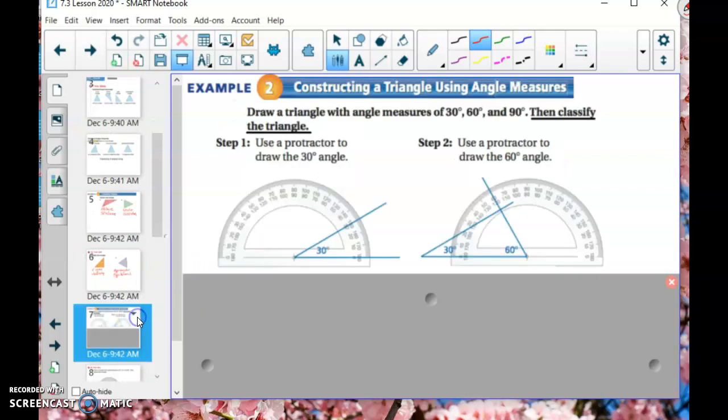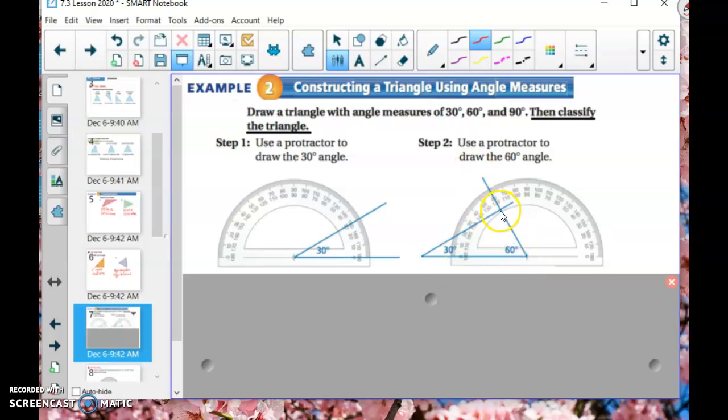All right, next up we're going to be using our protractor, and we're going to be drawing some specific triangles. And then we have to classify the triangle. So to draw a triangle with a 30, 60, 90, first I start with measuring a 30-degree angle. Then I pick up my protractor and move it to the other side as my vertex, and I measure a 60-degree angle.